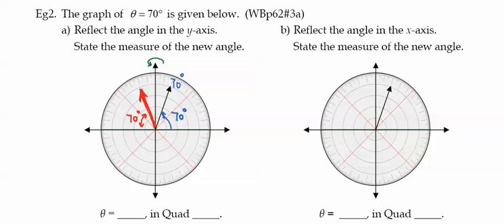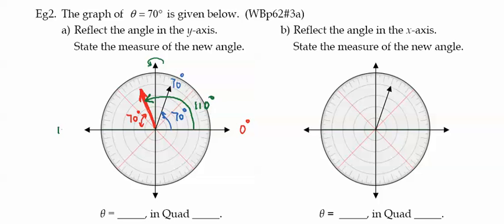But if I want to measure this angle starting from 0 degree, if I want to measure this angle starting from this point, how big is this angle? 110. How did you get it? 90 plus 20. But we try not to use angle on the y-axis.